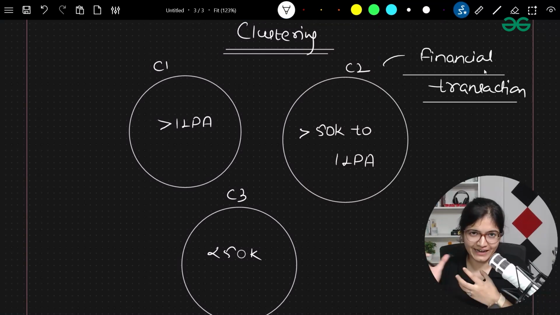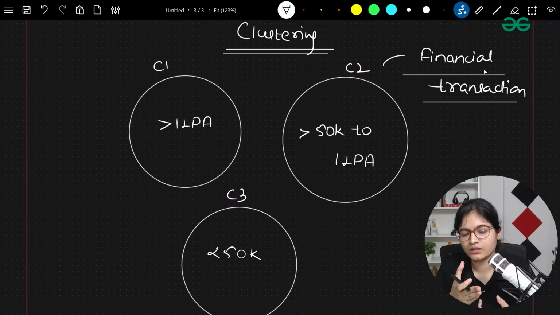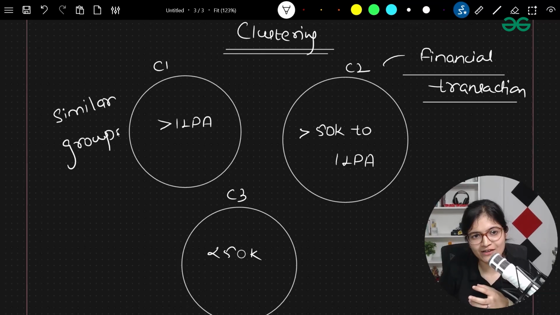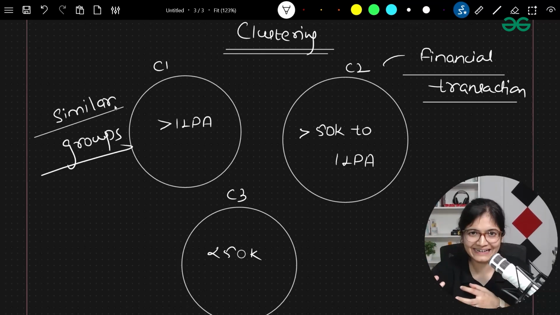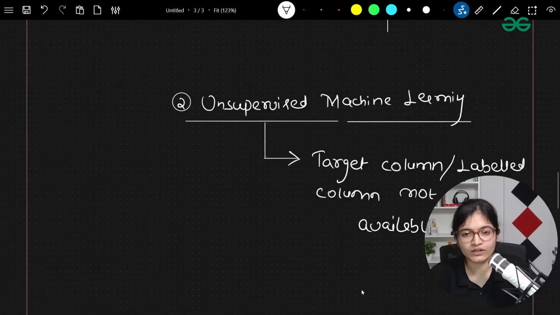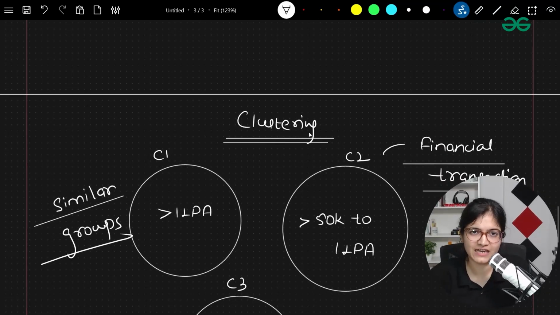And that loan will always be helpful for the bank, because that's where they will generate revenue if you are not able to repay the amount. So, on the basis of the patterns of the features that we have, we can define the clusters, we can define similar groups. For that, we don't have the target value as of now, but we are trying to create that. That's what we call unsupervised machine learning, where the concept of clustering algorithms came into the picture.